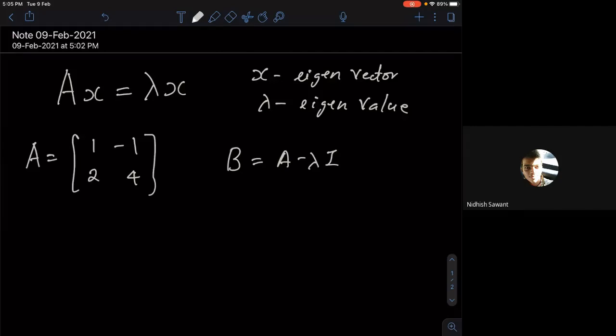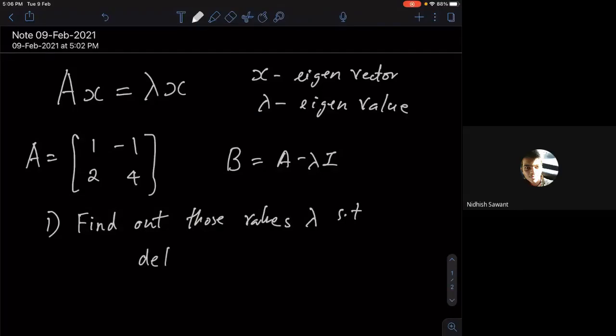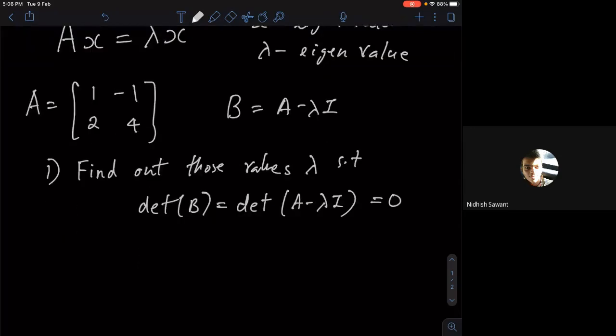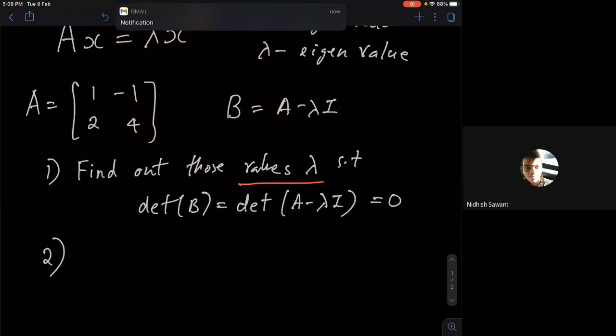So we first find lambda such that the determinant of B, which is equal to the determinant of A minus lambda I, is equal to 0, right? This gives me the eigenvalues here, right? So these are my eigenvalues.